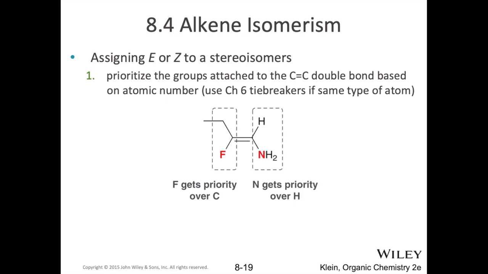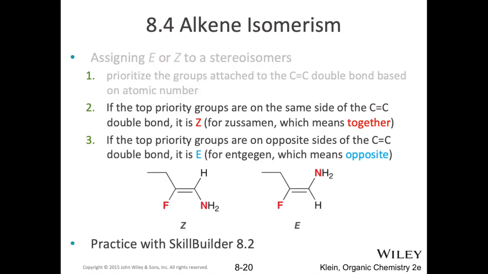Basically, that's how you can remember the Z isomer. It's where both of your high priority groups are on the same side of your double bond. So it's cis, so to speak. And E, of course, is if it's on the opposite side.